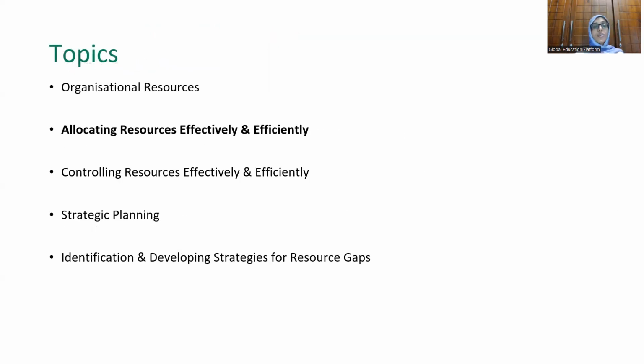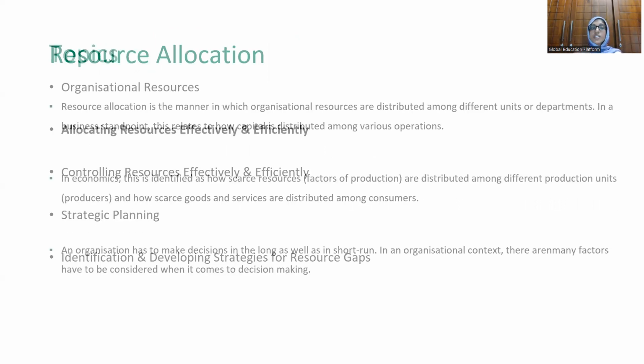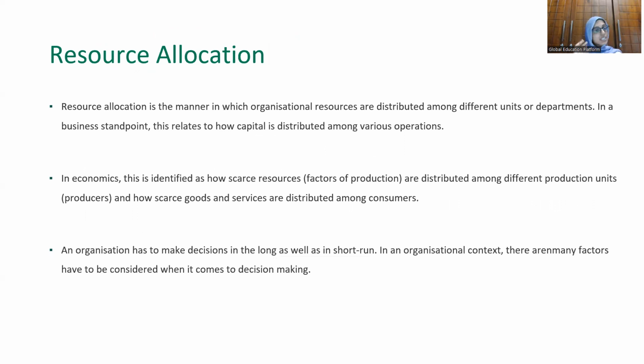Moving on. So we are moving on to the next topic, which is allocating resources effectively and efficiently. Now we talked about the resources and different types of resources. Now we are going to talk about how these resources are allocated. Now I said it's imperative for us to have the proper resources to manage it.